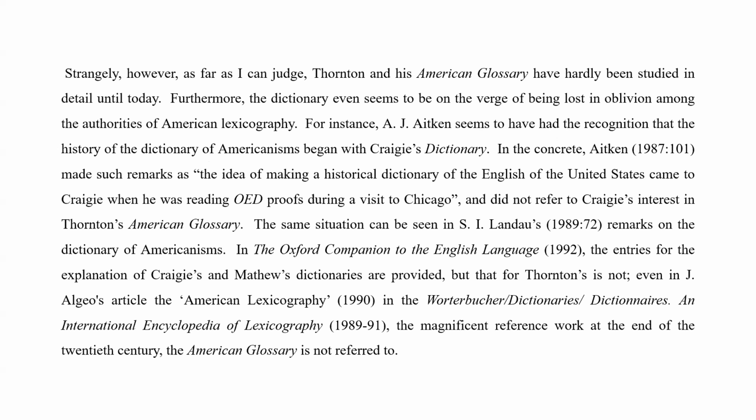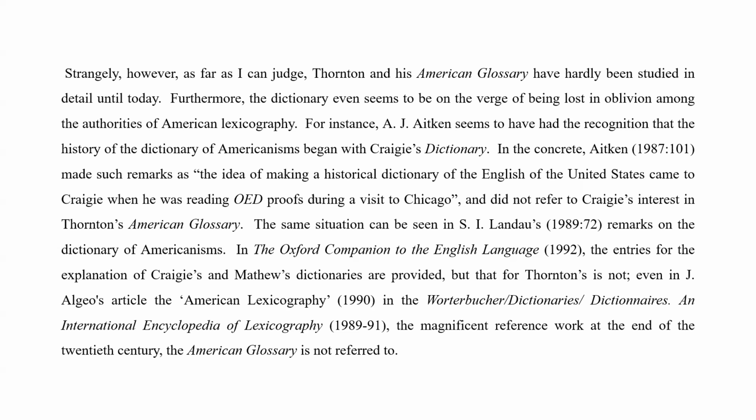For instance, A. J. Atkin seems to have had the recognition that the history of the Dictionary of Americanisms began with Craigie's dictionary. In the concrete, Atkin made such remarks as the idea of making a historical dictionary of the English of the United States came to Craigie when he was reading OED proofs during a visit to Chicago, and did not refer to Craigie's interest in Thornton's American Glossary.